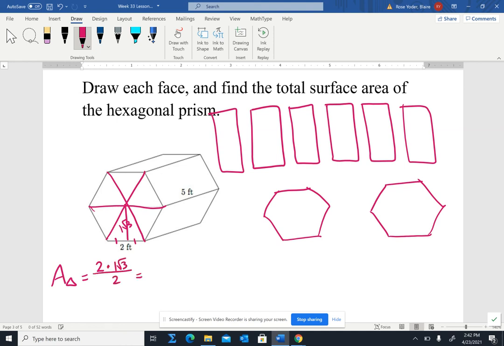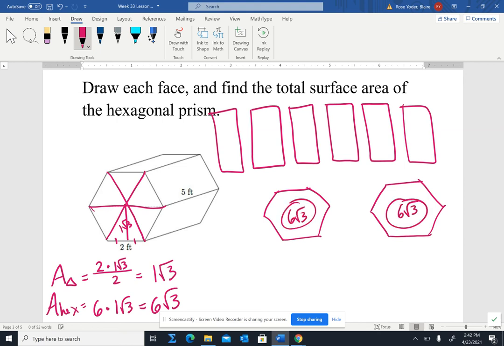Leave the root 3 out. 2 times 1 is 2, divided by 2 is 1. Root 3. The area of the hexagon is 6 of those put together. 6 root 3, so that's the area for each hexagon. That's the hard part.